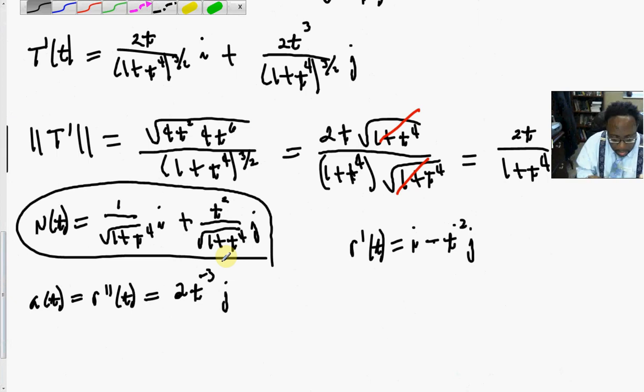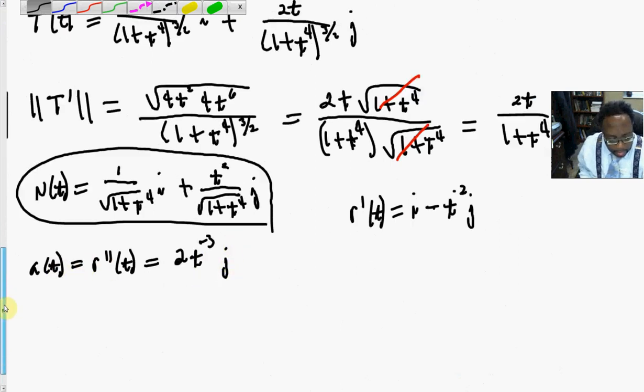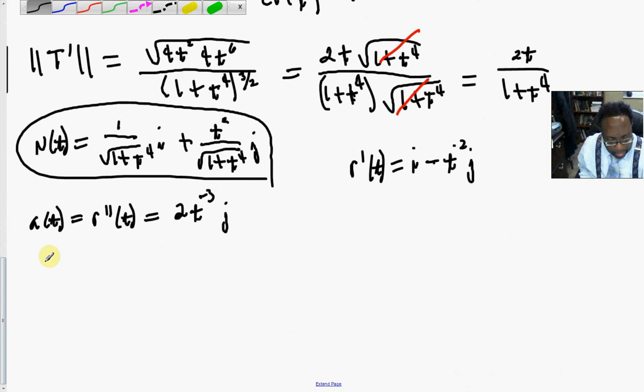So taking the dot product of this acceleration with the tangent vector and the normal vector, the only components that contribute would be the j component. Right? Let me just go ahead and find a sub n, since I have n right here and I'm looking right at it. So a sub n is the dot product of a and n.